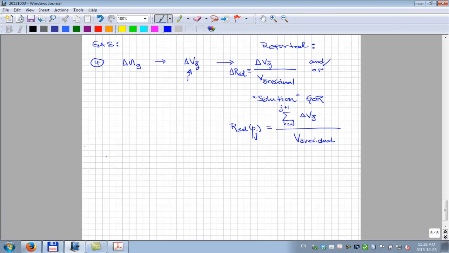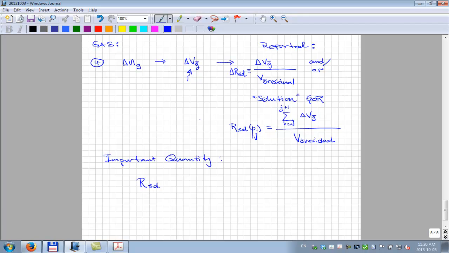Okay? The quantity that really makes a difference is how much gas comes out of solution from the bubble point to some pressure, right? That's really what's important, because that forms the gas saturation, and the saturation affects the mobility. So really, the important quantity is how much gas you have in solution.